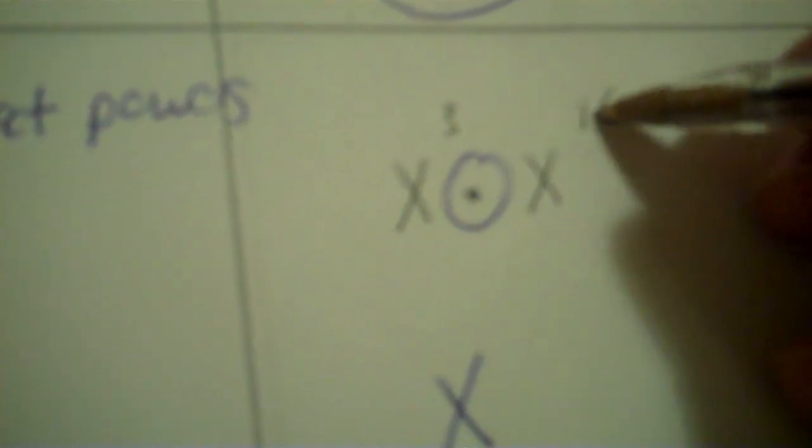You have a division. You subtract the powers. Subtract, you cross out the smaller one. 15 minus 5 is 10, so it's x to the 10th. Multiplication, you add the powers. 3 plus 16 is 19.